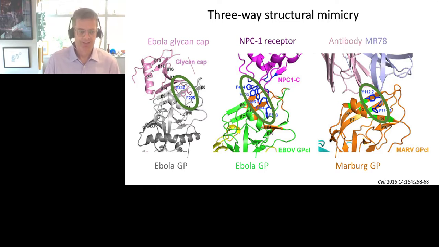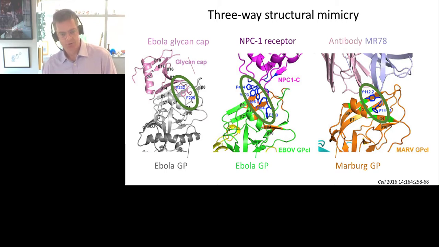Well, it turns out on the left, it was already known that another family member, Ebola virus, Ebola glycoprotein, shields the receptor binding domain with a structure called the glycan cap, which reaches down and interacts with the receptor binding domain, and it does so with aromatic residues.